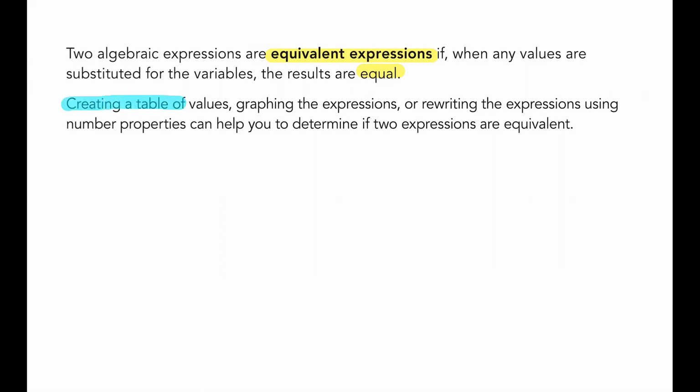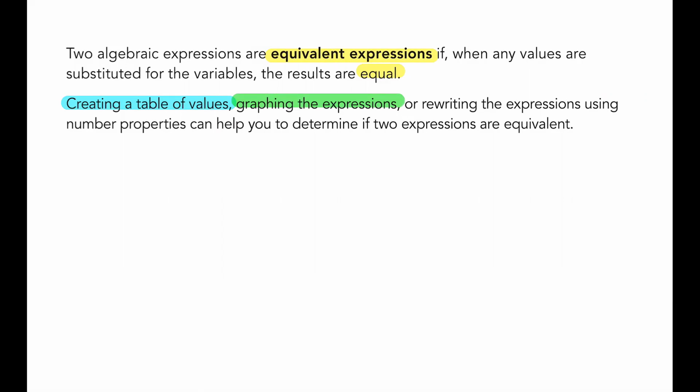One way is to create a table of values, and that's going to relate to what we just discussed. We're going to substitute values for the variables and keep a table to see how the results come up. The second way we can determine if two algebraic expressions are equivalent is by graphing the expressions.